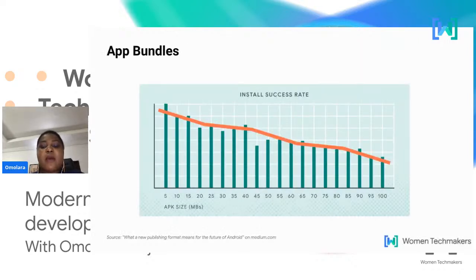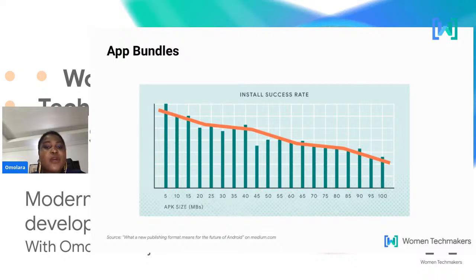So now we see that the larger the APK, the more likely it is to have a failed installation. Because imagine someone wants to install your app, and let's say you have an APK file that is around 50 MB, and for a user that's probably managing data and all that, they probably won't install your app, because they don't want to waste their data, or for several other reasons.